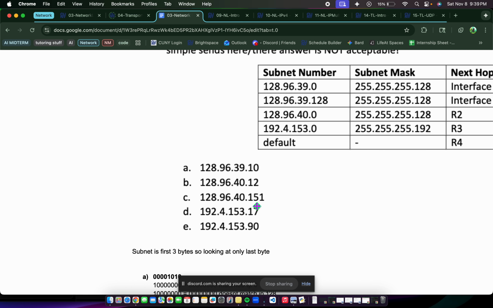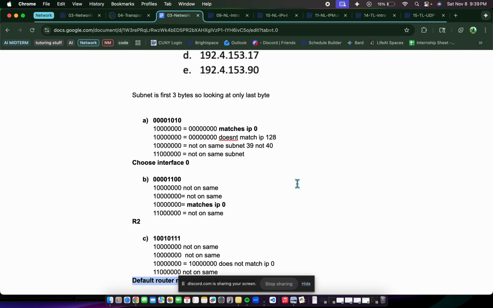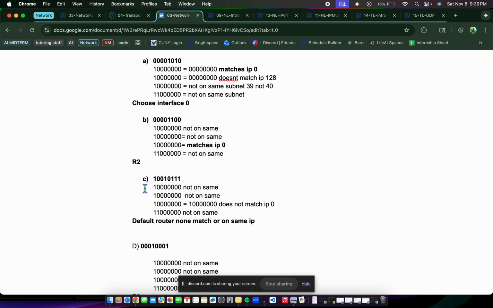But if I were to take the bitwise AND of 151 and 0, because again, 128, 96, 40, it's all the same. So I'm taking 151 and 0, and I do it with all of these. Actually, I don't even need to do it because these are not on the same subnet, not on the same subnet, not on the same subnet. This is the only one. It straight up does not even match the IP.